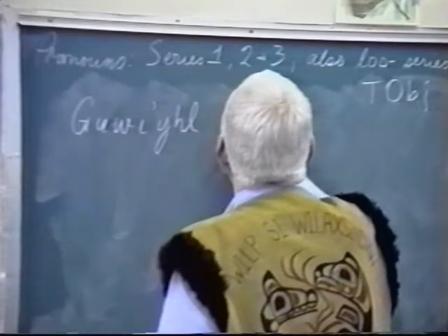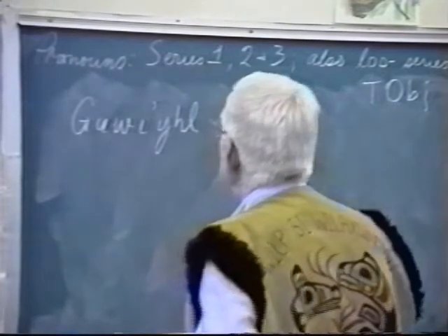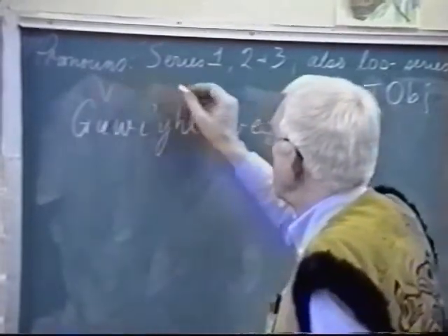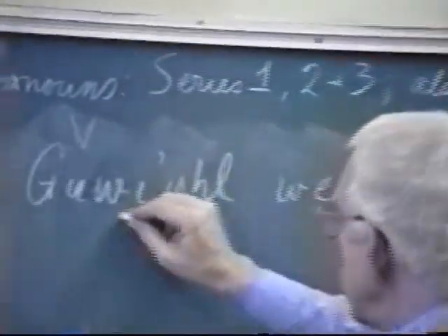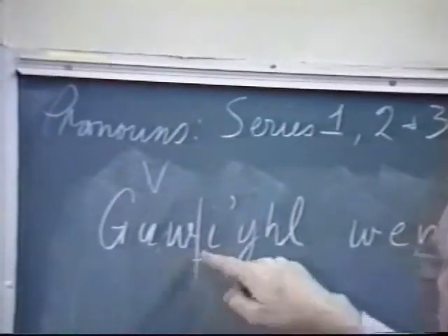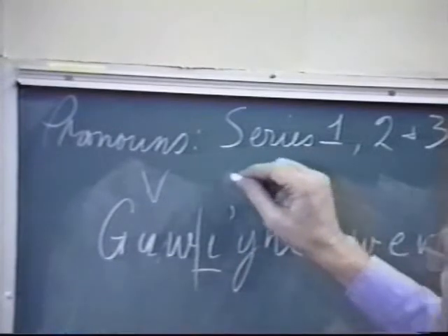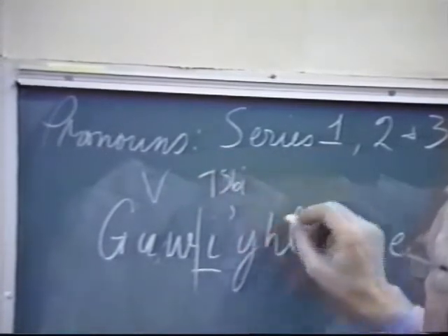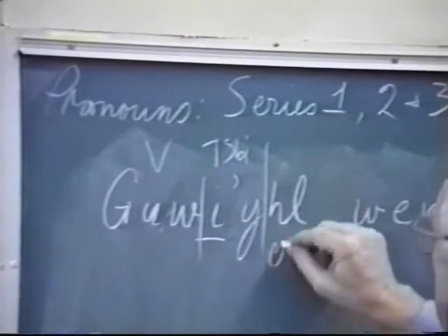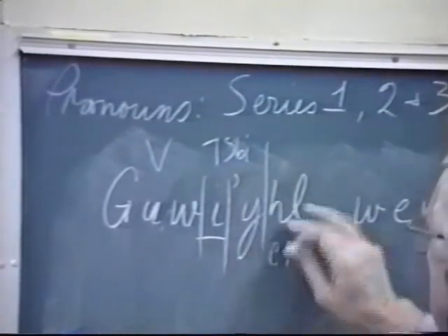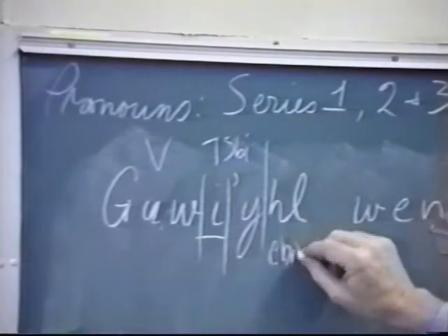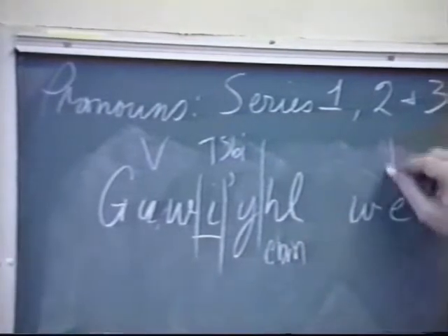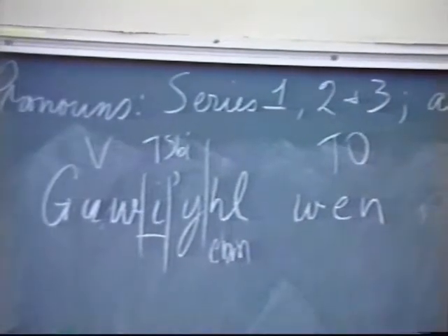Gu is when, which consists of a verb, and then there's a transitive marker there, so gu becomes gu, and this transitive subject is right here. It's a series 2 pronoun, and we have our connective, because when is a common noun, and here we have our transitive object.